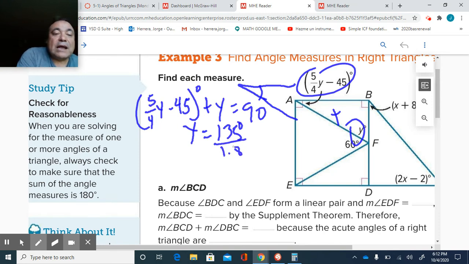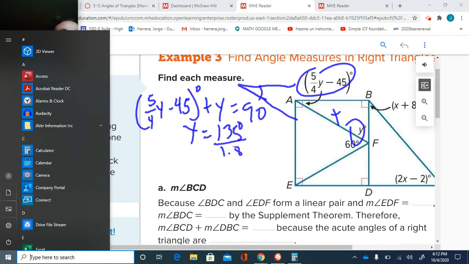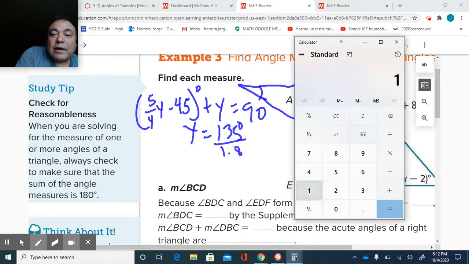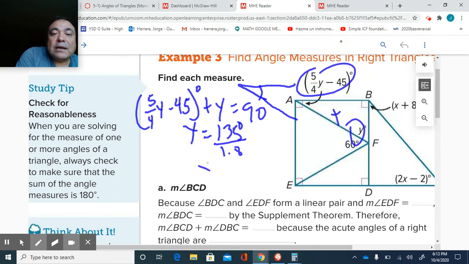So I bring my dandy calculator, and I'm going to go 135, and I'm going to divide that by 1.8. Ta-da! We get 75. y equals 75 degrees.